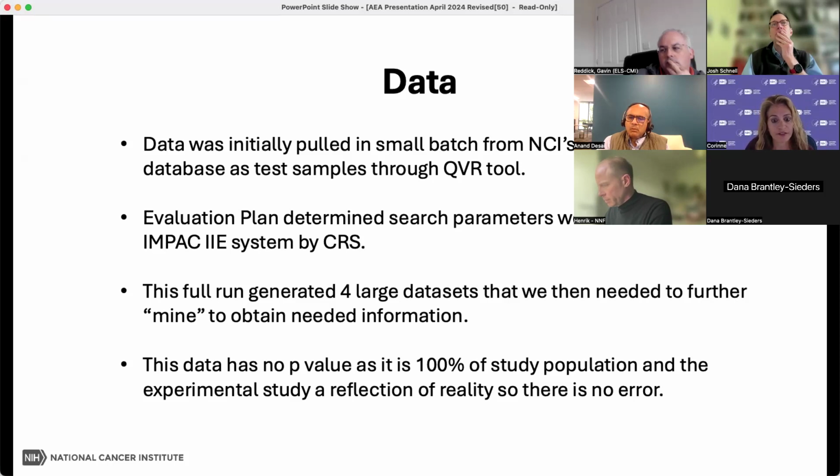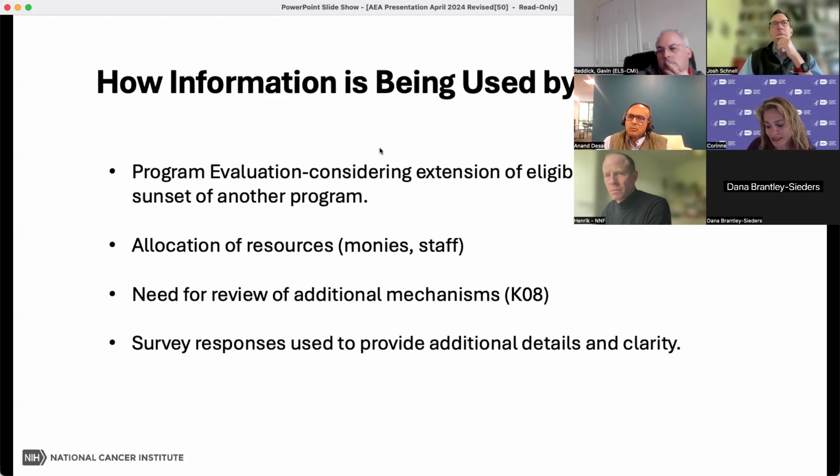They provided 4 large data sets that we were able to then mine and filter out the information we wanted. Really interesting about our data is that it is 100% of the study population of the experimental study, and it's a reflection of reality. So there is no error. You'll notice there's no p-value in any of our data. So it's very interesting in that regard. Okay. Next slide, please. So based on the information, how is it being used by our leadership?